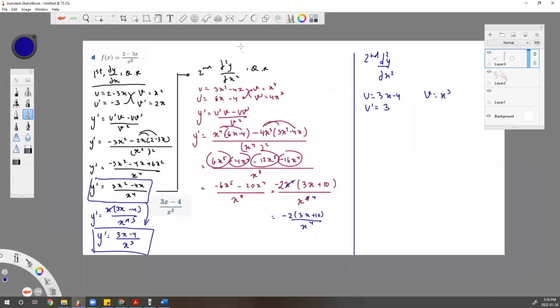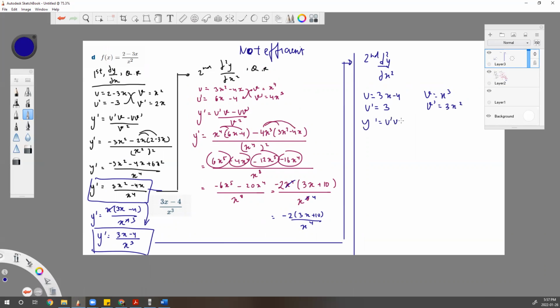Okay, no problem, Tedra, I will give you two ways. First is the non-efficient way. Because I do this, but in this case, I do this part. When I simplify, it will be more easily seen and done. 3x squared, u'v minus uv' over v squared, right? 3x cubed.